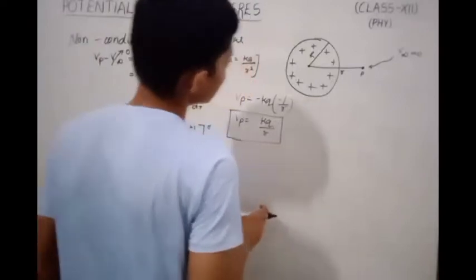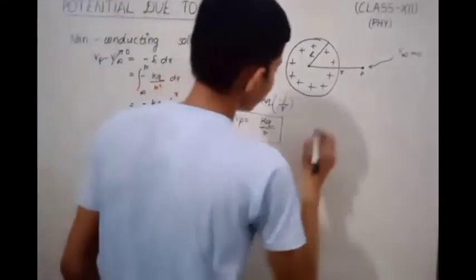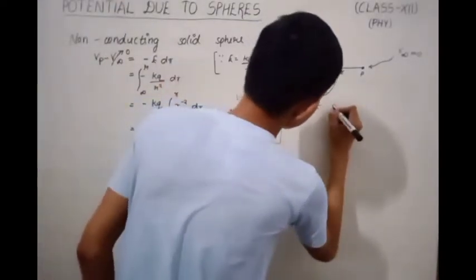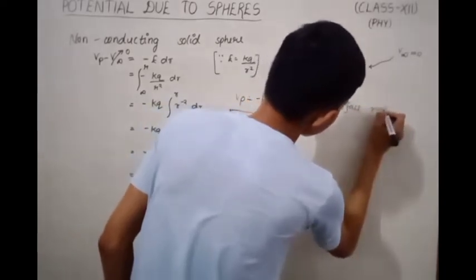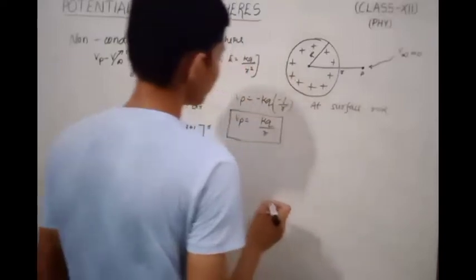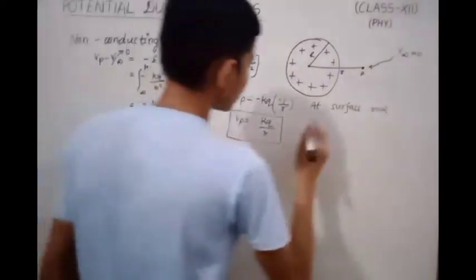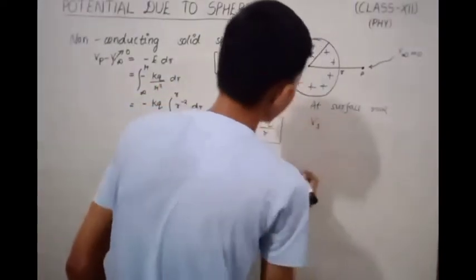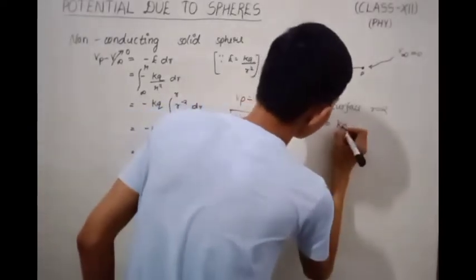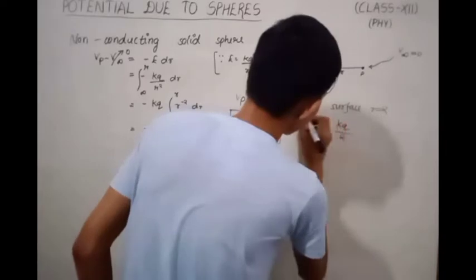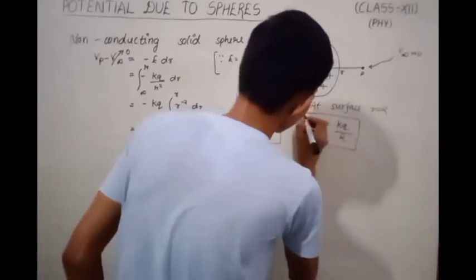For finding the potential at the surface, we know that at the surface r equals capital R. So simply replace small r by capital R. Vs, for surface, equals kq divided by capital R. Here R is the radius of the sphere.